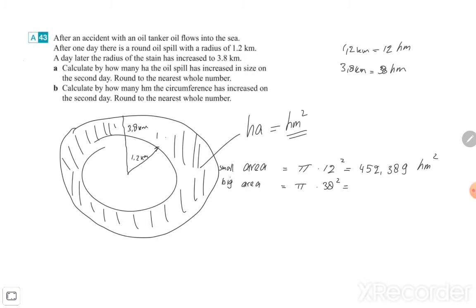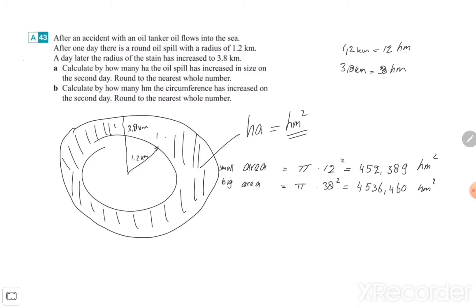The answer is 4,536.460 square hectometers. Now, if you subtract those two answers, you have the size that has increased from the small to the big circle.